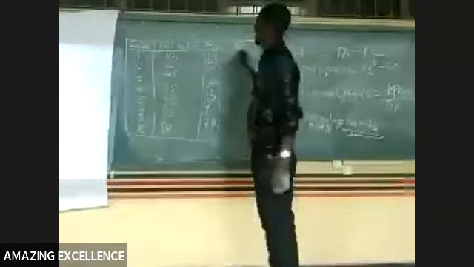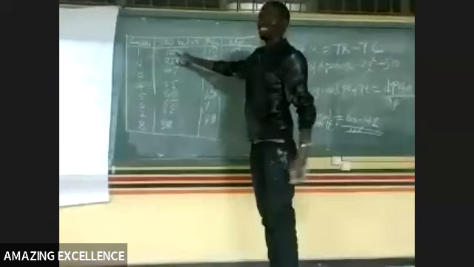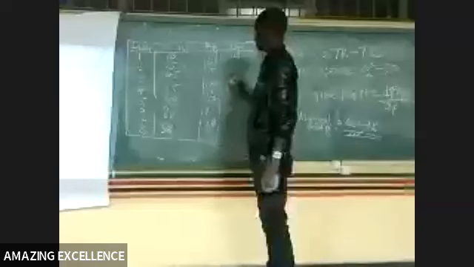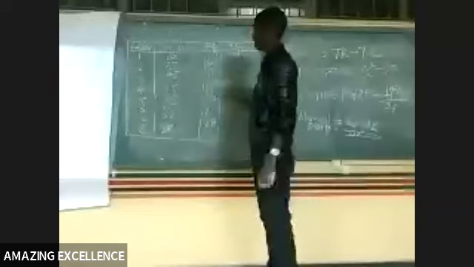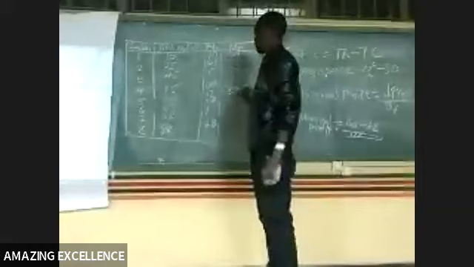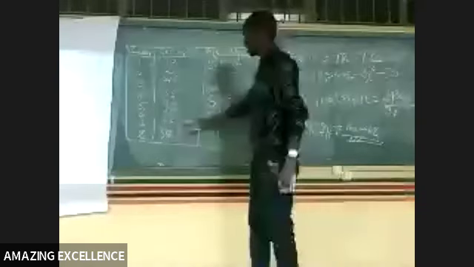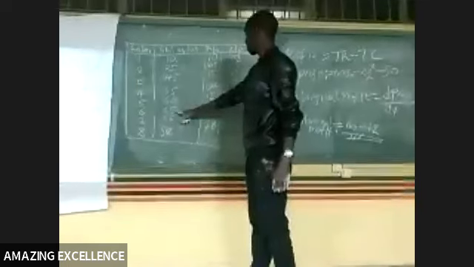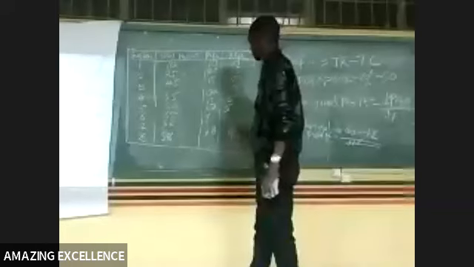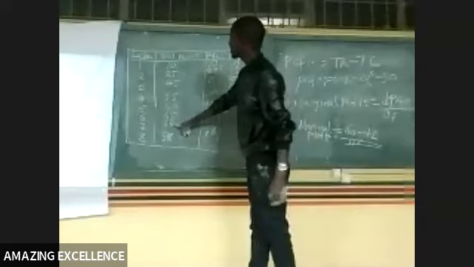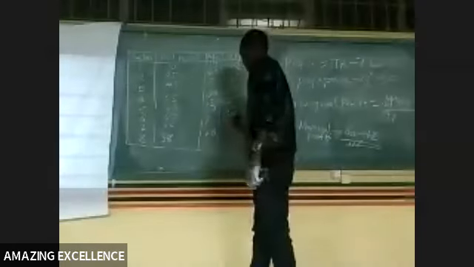So the first one is 10. 25 minus 10 is 15, divided by 1. 45 minus 25 is what? 20, isn't it? 55 minus 45? 10. 60 minus 55 is 5. And 65 minus 60 is 5 again. 63 minus 65 is negative 2.